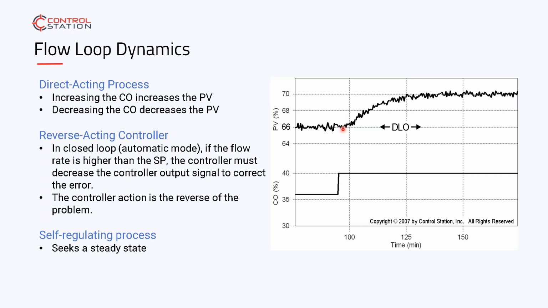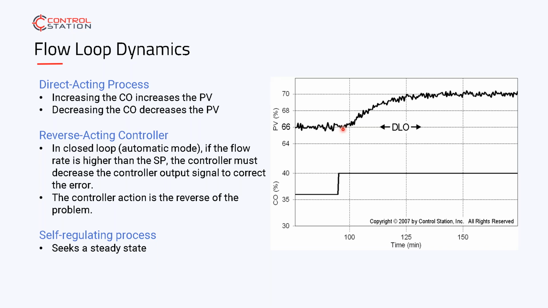And then with a reverse acting control loop, when you're in automatic mode, if the flow rate gets higher than set point, then the control output must decrease so that you bring the process variable back to set point. So in this case, the controller action is the reverse of the process.